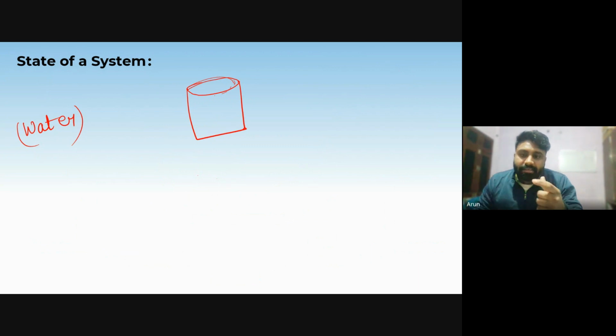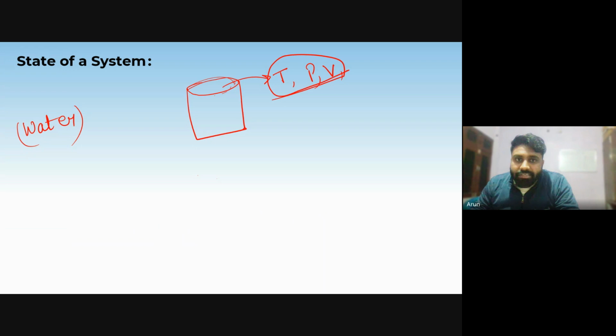Can you say anything about this water, either it is warm or cold? You can say that. So that is the state. You are describing the state of this water, if it is at a particular temperature, particular pressure, particular volume. So these are all the characteristics or properties of this system. So by saying so, we are describing the state of any system.